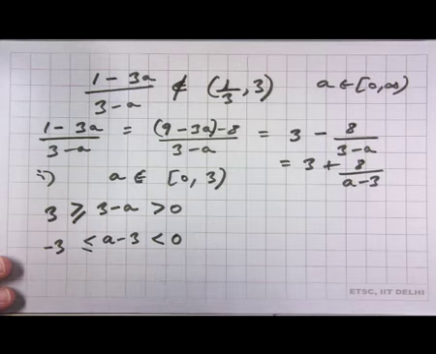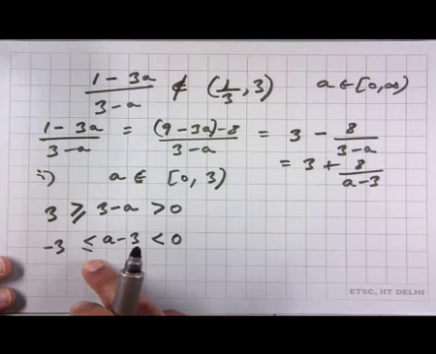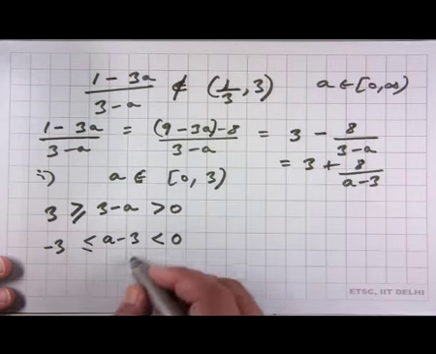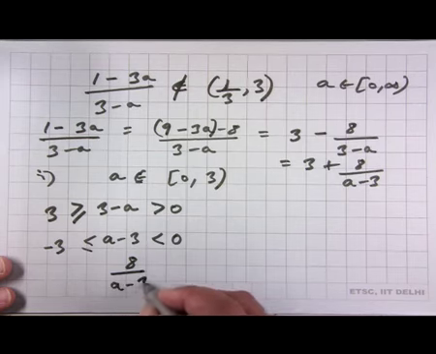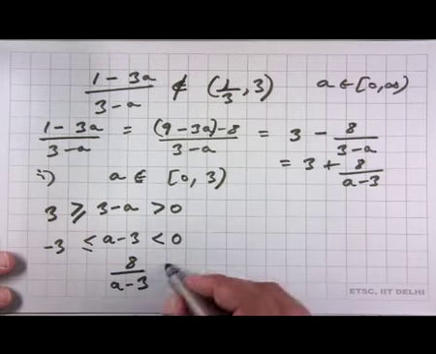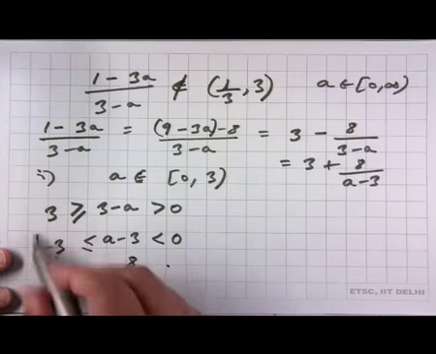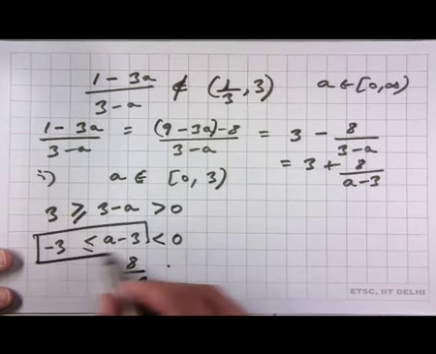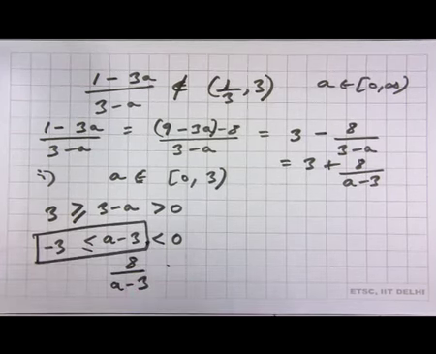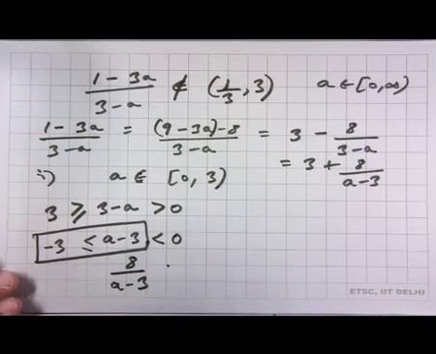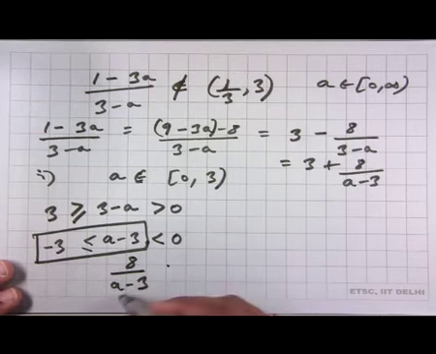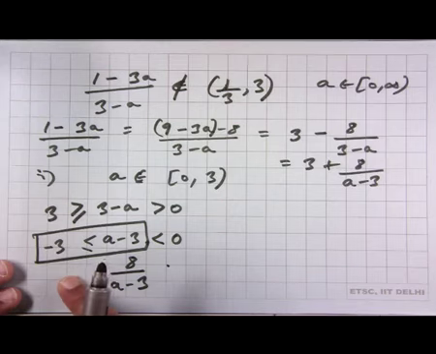So, it is clear that since a minus 3 is greater than or equal to minus 3, and we know that a minus 3 is negative when a belongs to this range, obviously 8 over a minus 3 is bounded from below by minus infinity.